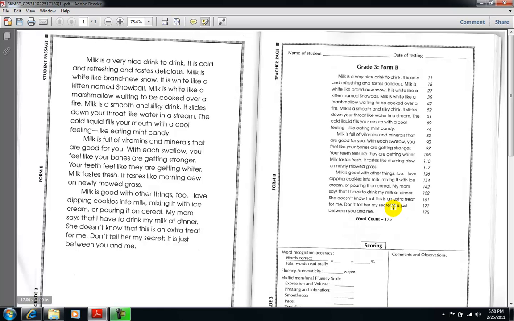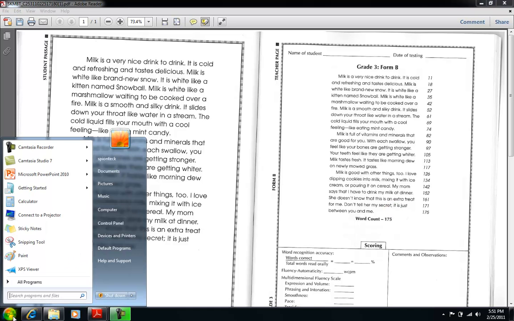I said that it was smooth, and I believe I got everything else correct. So I have refreshing, delicious, and silky. So I made 3 miscues. So I read 62 words correctly out of 65.